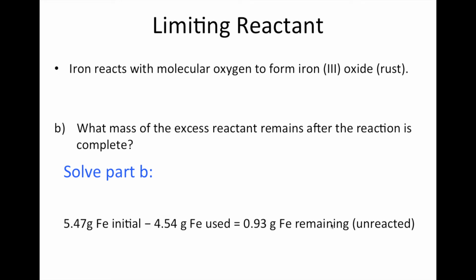Remember, our question, part A, told us that we were given 5.47 grams of iron. We calculated just now that we used 4.54 grams. So we're going to have a little bit of iron, 0.93 grams, left over unreacted. So that'll be our answer for part B.